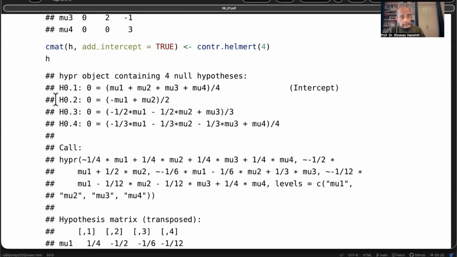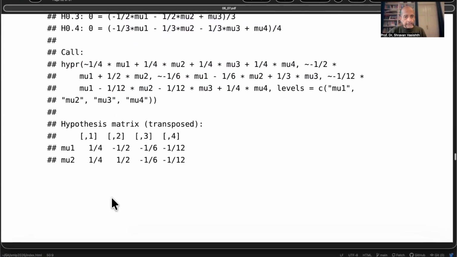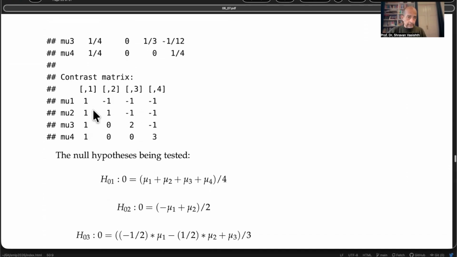But the three hypotheses that are of crucial interest to us in the Helmert contrast are all represented correctly, just like in the example I showed you a few minutes ago without the intercept, right? So they're all set up correctly. And now if you look at the contrast matrix again, what you will notice is there's the intercept, the grand mean, and then the three contrasts.